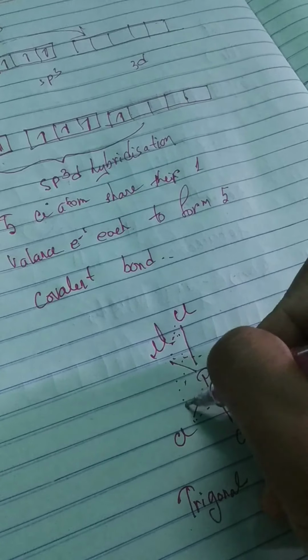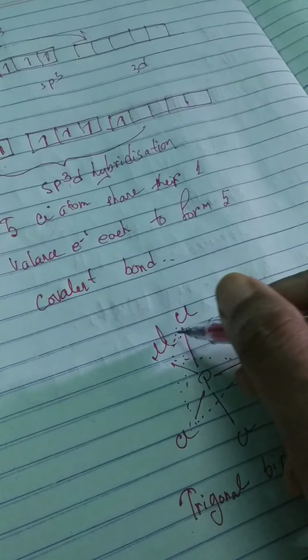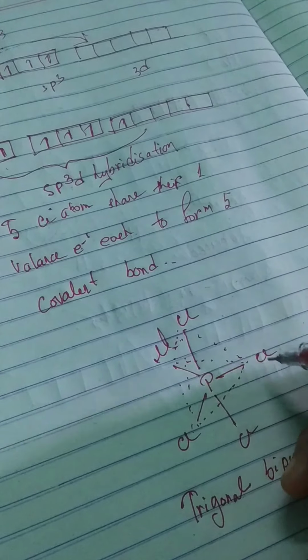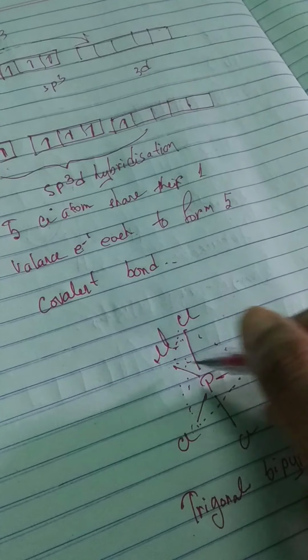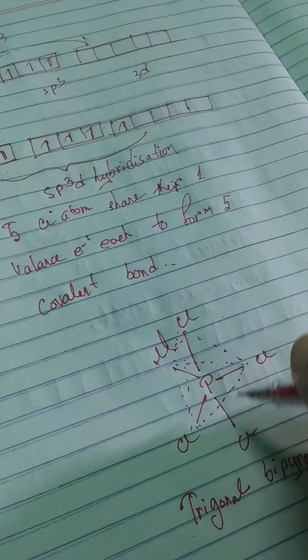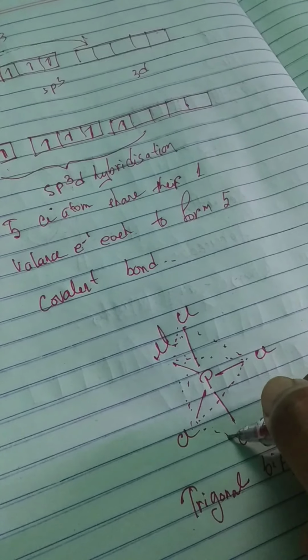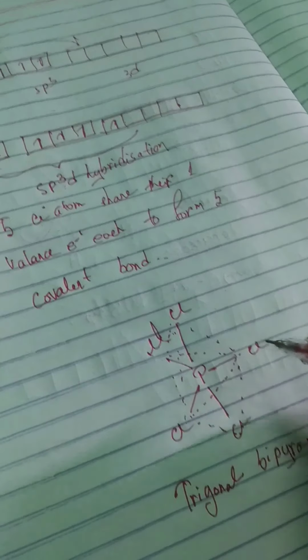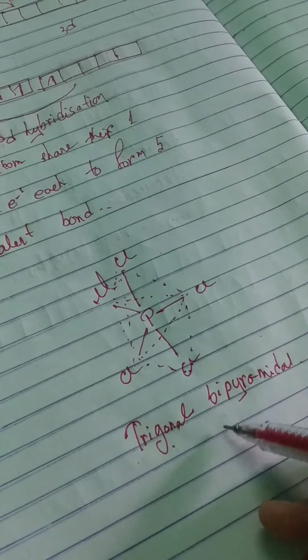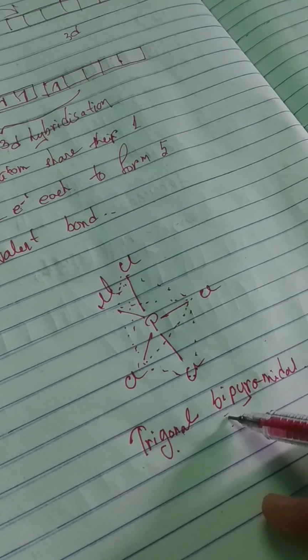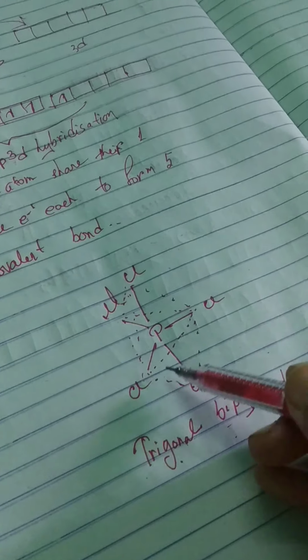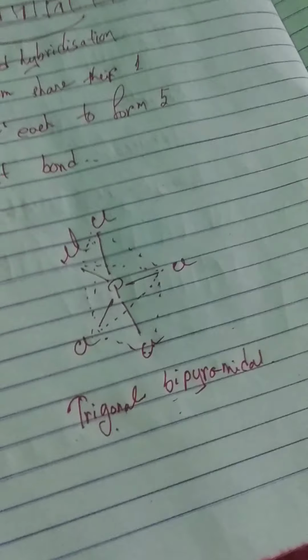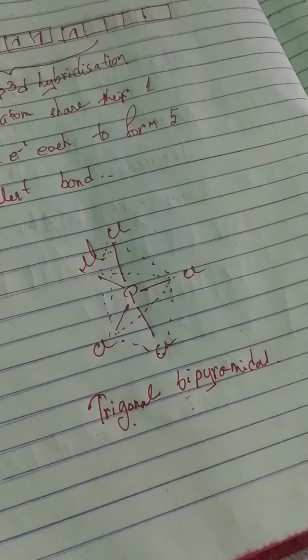The axial chlorine will form a pyramid with the equatorial chlorines. Equatorial means those on the plane in the triangle. The one down will also make a pyramid. That's why the name is trigonal bipyramidal. Bi means two pyramids, one from the upside, one from the downside. So the geometry and shape are both the same here because no lone pairs are present.